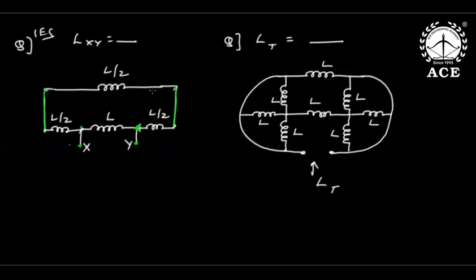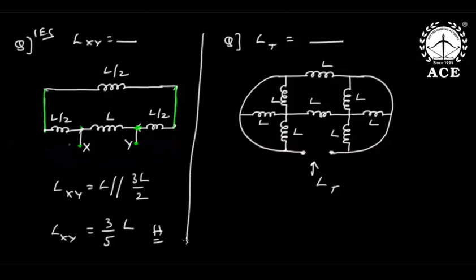Now L by 2, L by 2, so 3L by 2. So finally LXY will be L in parallel to these three in series, 3L by 2. So our answer is 3 by 5L Henry. 3 by 5L Henry is LXY.